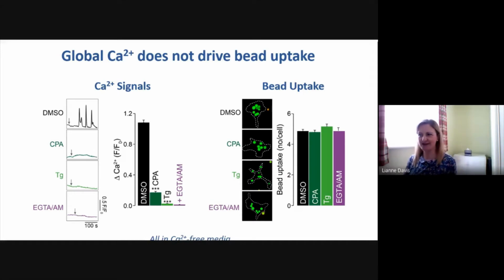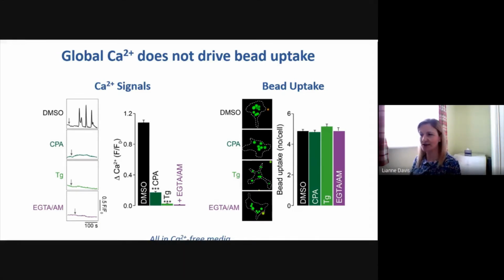At first glance, these data do not seem to agree with the calcium dependence suggested by cytosolic BAPTA. However, the discrepancy can be resolved because BAPTA is a fast chelator that collapses local calcium domains, whereas slow EGTA cannot.